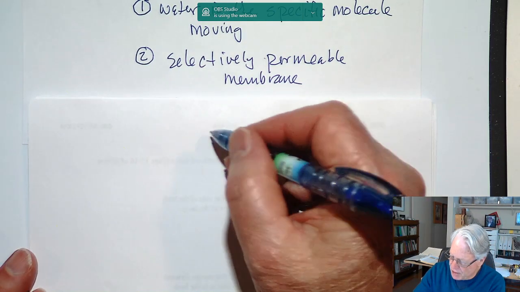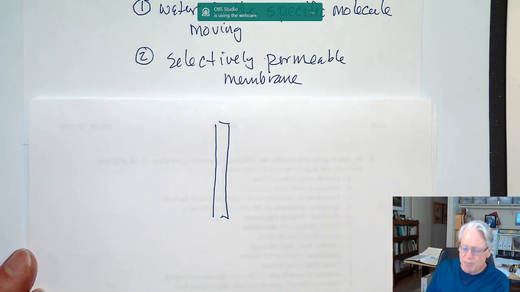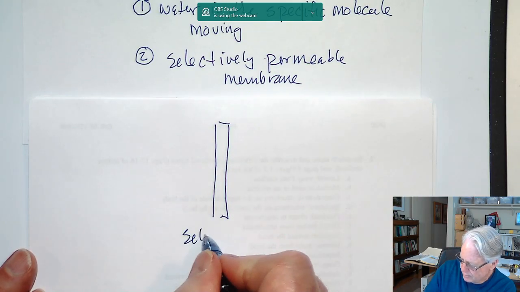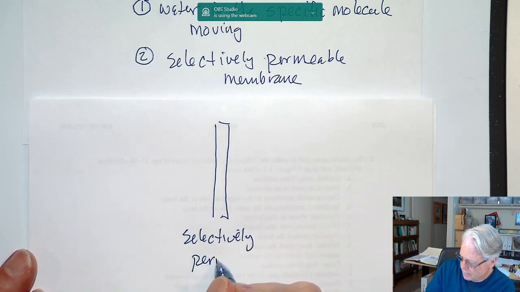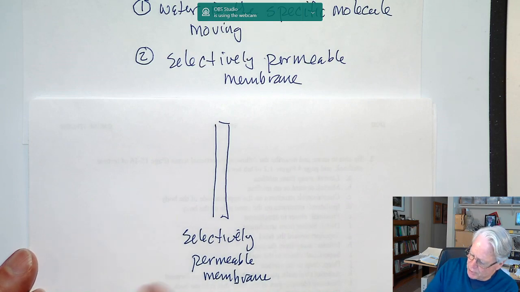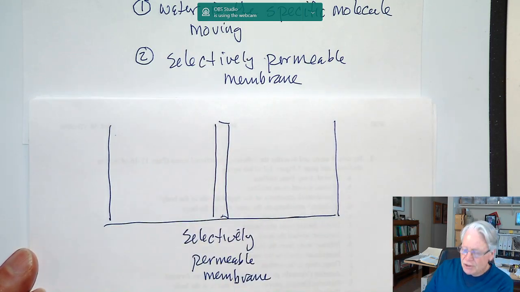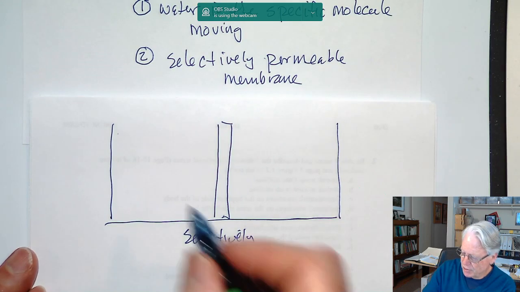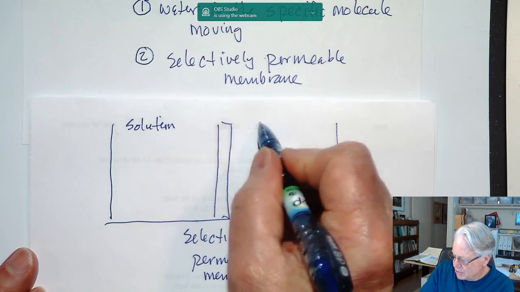this example. So I'm going to draw, this represents a selectively permeable membrane. Okay. And it separates two solutions. So we have a solution over here, and we have a solution over here.